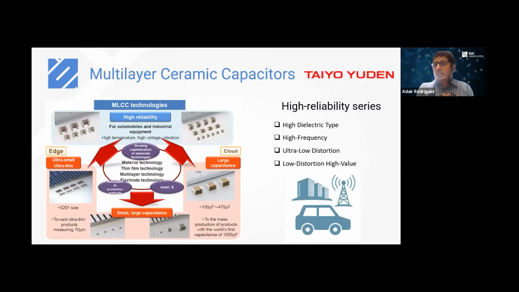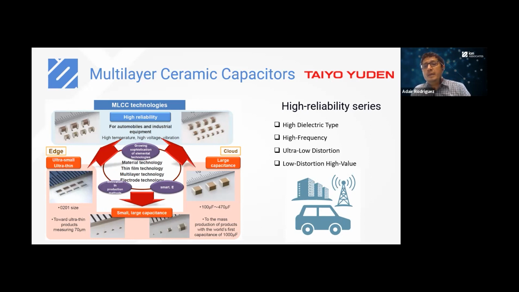Also, talking about DC to DC solutions, modules or controllers, it's important to consider capacitors. With Taiyo Yuden we can support you with an extensive portfolio of MLCCs in different series, depending on the requirements. Multi-layer ceramic capacitors can come in sizes from 0201, 0402, up to 1210, for example.